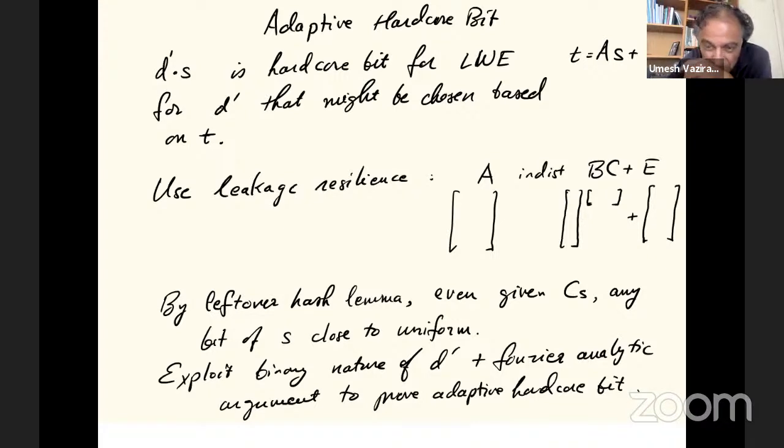And the fact that these are indistinguishable is another instance of LWE itself.